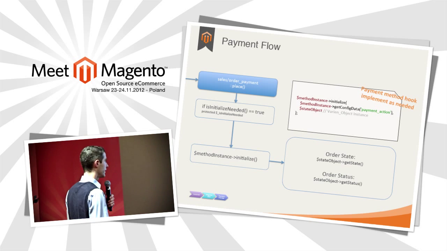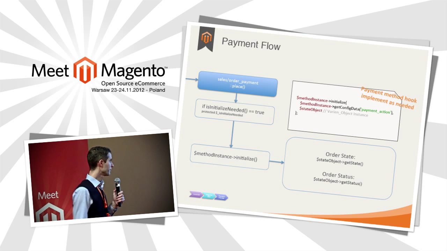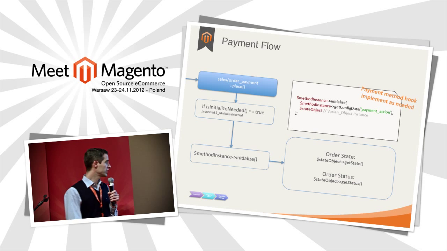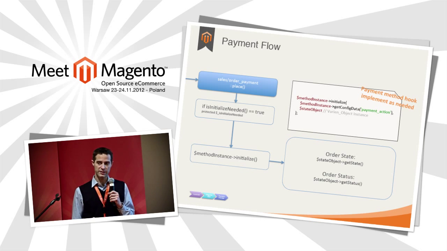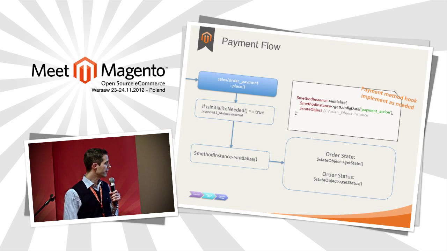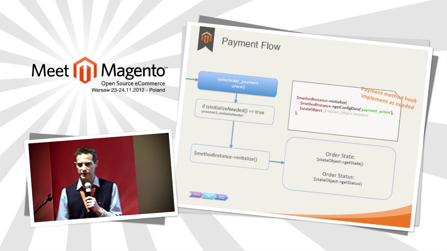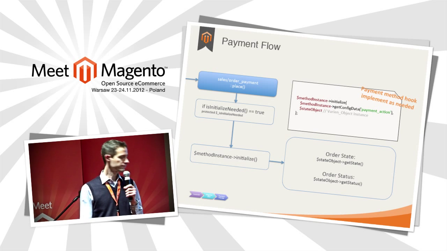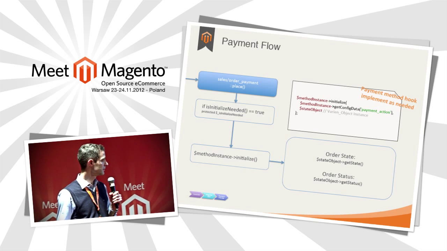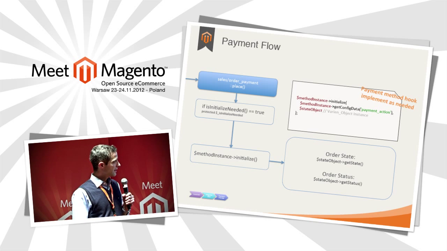Okay, so this is order payment place. First, the initialization needed flag is checked. If that is true, the first thing we get is a call to initialize on our currently being implemented payment method. Initialize gets two values.